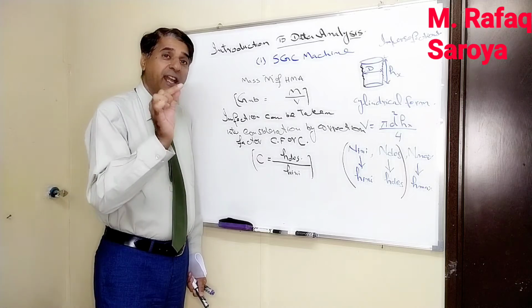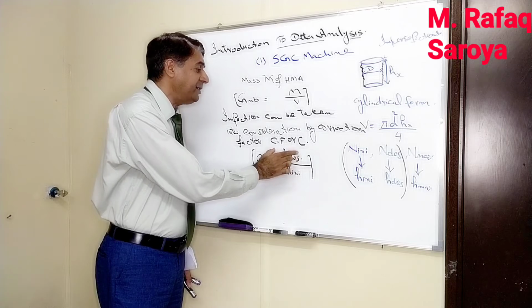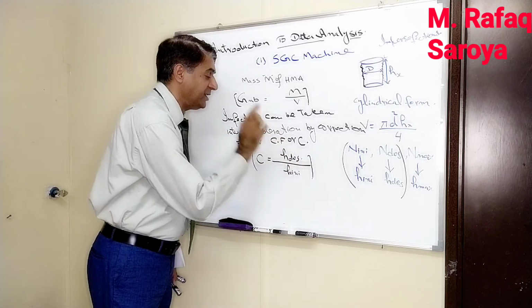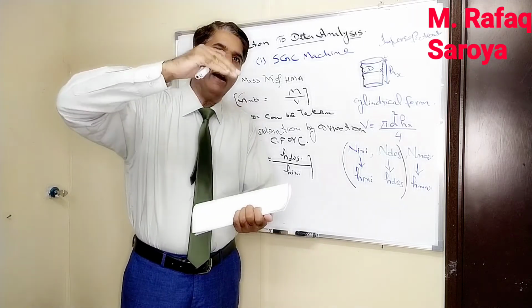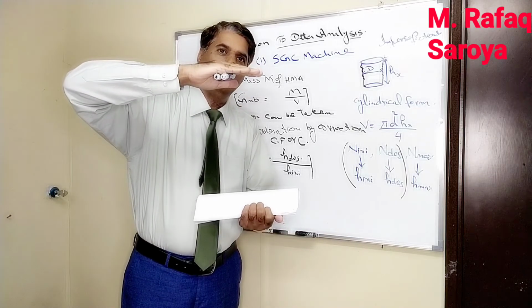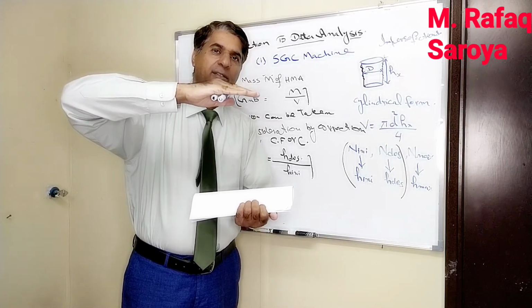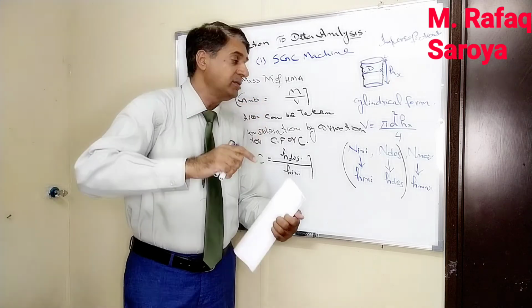compacted mix. But keep one thing here: this height is always smaller than this. Why? When we have put the sample in a single lift into this mold, it is being compacted. With each revolution, height is being reduced.